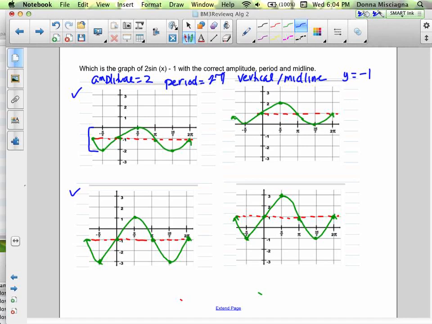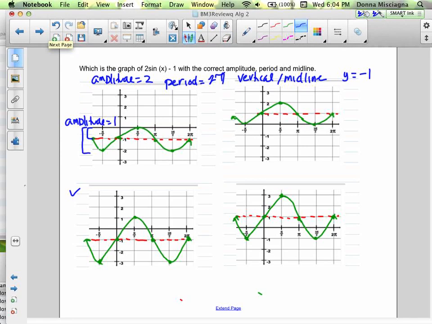Or you could think of it as the distance from the midline to the upper or lower values. So right there is our amplitude. Right here is the difference between the max and the min, but halfway would be our amplitude. So this has an amplitude of 1. And that's not correct. So let's get rid of that one.